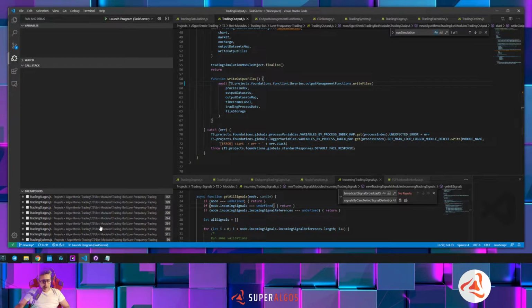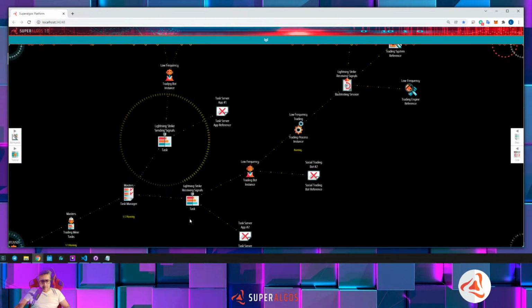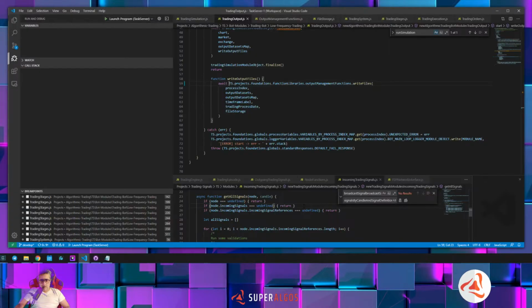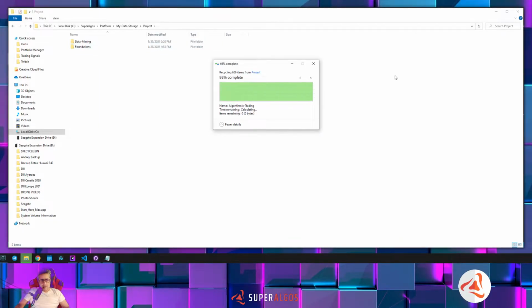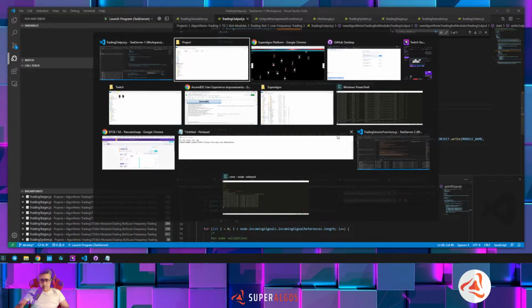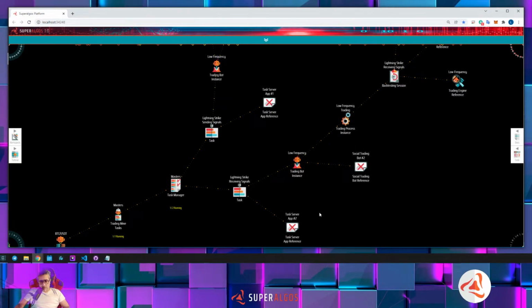Okay, so I'm going to go back here, stop this, we stop this. I'm going to delete this again, and I will run both of them directly in Node.js so that this one can go faster and do the break loop. I am not really believing that that was the problem, but who knows.